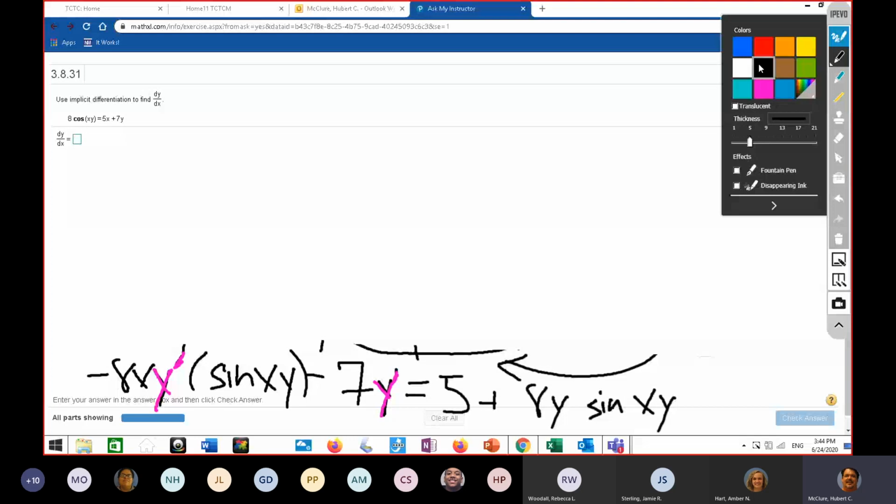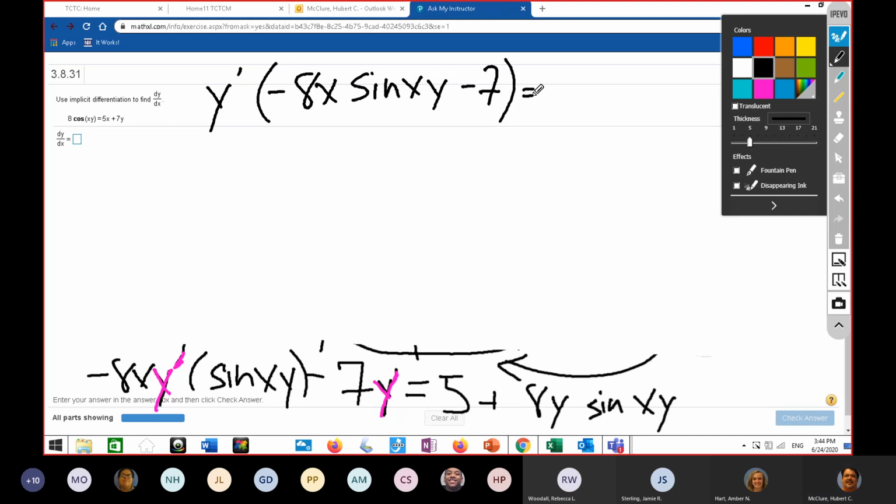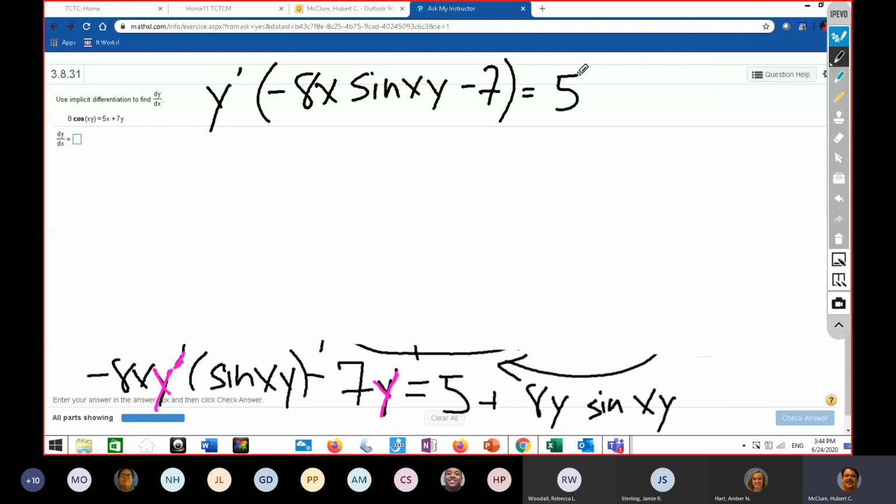Okay. So I'm going to factor out a y prime. And that's going to leave me with negative 8x times the sine of xy minus 7 equals 5 plus 8y sine of xy.